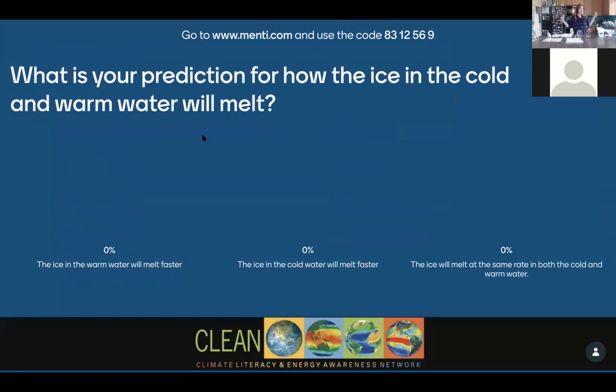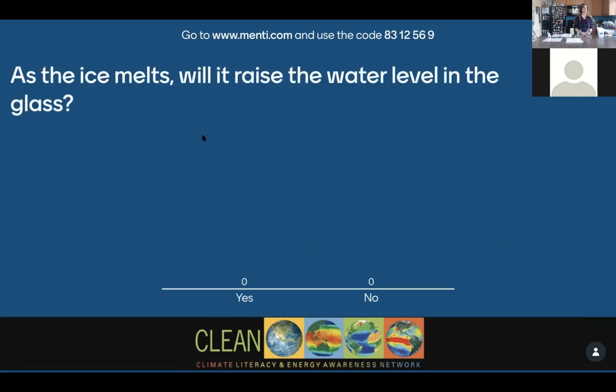So what do you think is going to happen to the ice in the cold water versus the warm water? I think you might already know, or I already know looking at the warm water. But which do you think is going to melt faster? Do you think it's going to be the warm water or the cold water? And then the next thing is, what do you think is going to raise the water level in the glass?